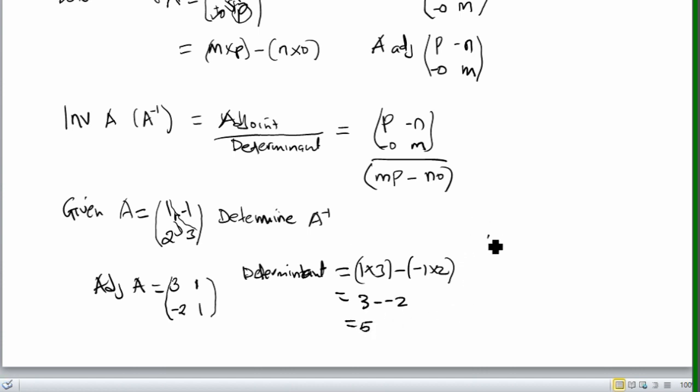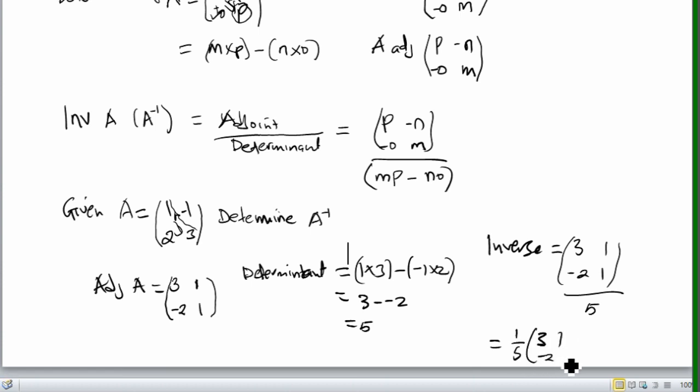So the determinant is 5. Hence, the inverse becomes 3, 1, -2, 1, which is the adjoint, divided by 5. Or you can write 1/5 times 3, 1, -2, 1.